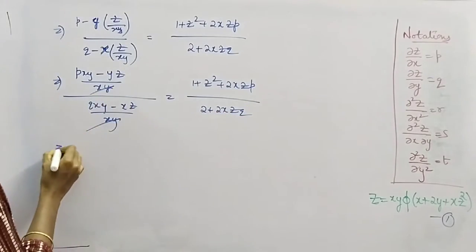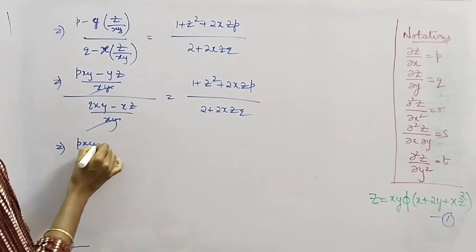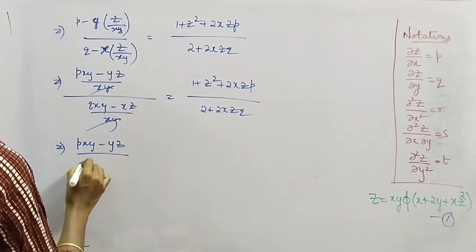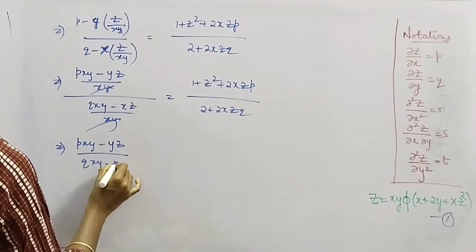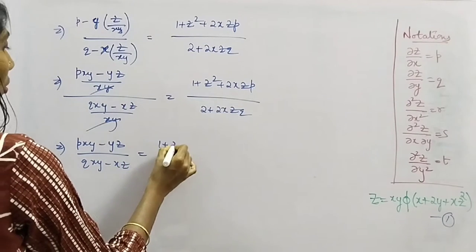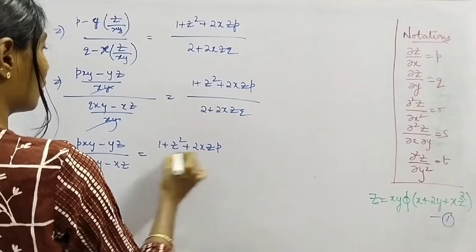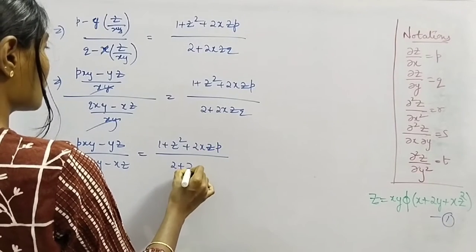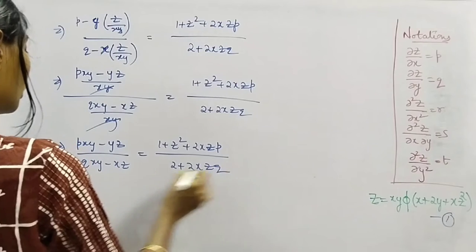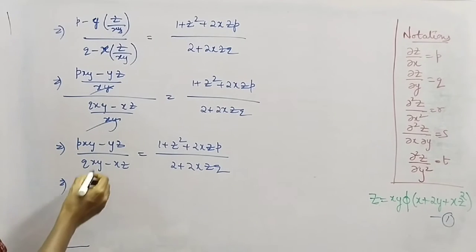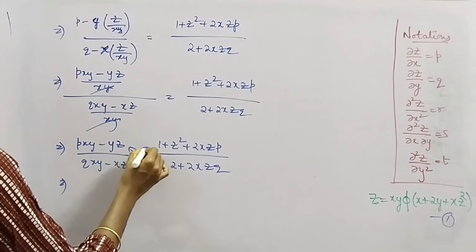This xy gets cancelled and we'll get (pxy minus yz) by (qxy minus xz) equal to (1 plus z square plus 2xzp) by (2 plus 2xz cube). Okay, now make a cross multiplication to simplify it.